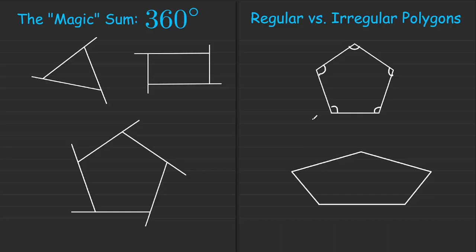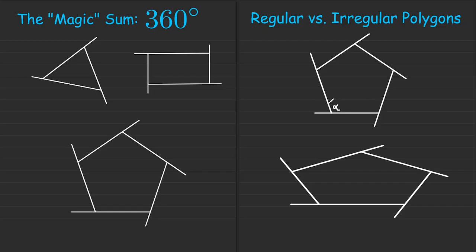Yes. So we can also infer that for a regular polygon, all the exterior angles are also the same. You see, all the exterior angles are the same. This is because we know the interior angles are the same, and for each interior angle, it has an exterior angle.